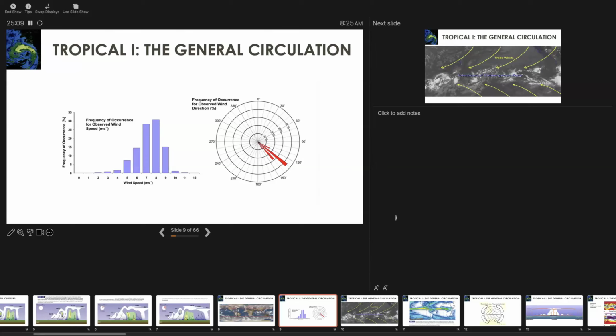Every hour, the buoy takes a measurement: the average wind speed is this, the average wind direction is this, and it does it every hour for 365 days. It plots it in what is known as a windrose diagram that shows the frequency of occurrence and the direction: 10%, 20%, 30%, 40%, and the direction of the winds from this little bobbing thing in the ocean.